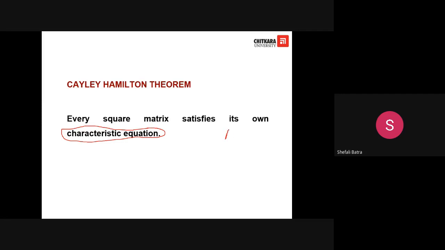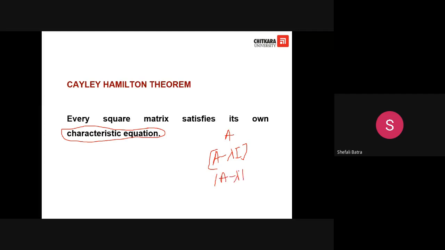So I have told you, if a matrix A is given to you, then you will construct a matrix of the form A minus lambda I. This is your characteristic matrix. Then you will find the determinant of that matrix.